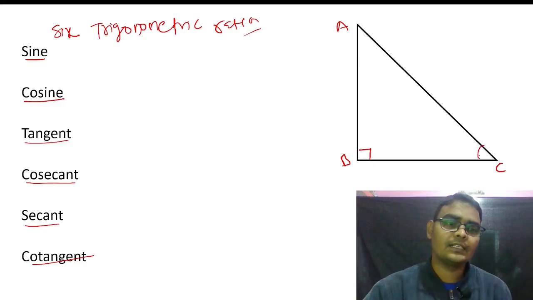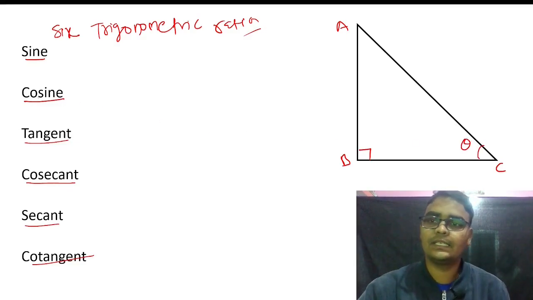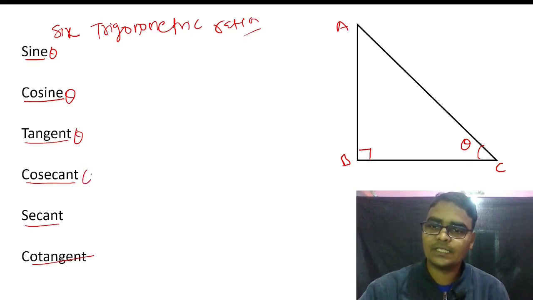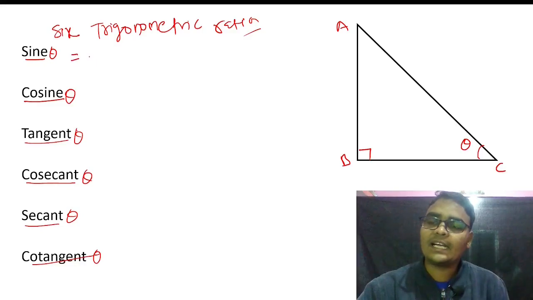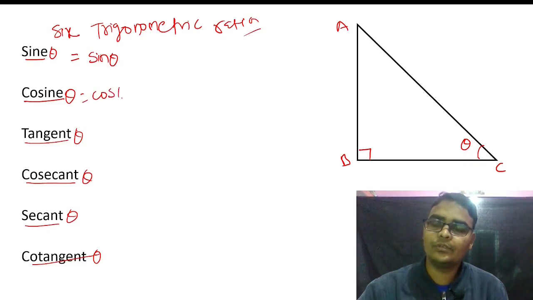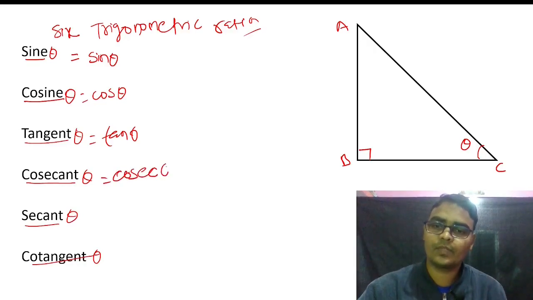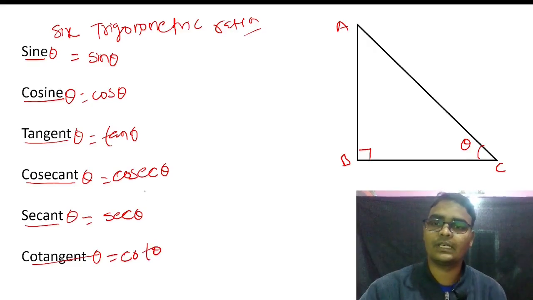If you take angle C as theta, we can write sin theta, cosine theta, tangent theta, cotangent theta, secant theta, and cosecant theta. We write sin theta as sin theta, cosine theta as cos theta, tangent theta as tan theta, cosecant theta as cosec theta, sec theta as sec theta, and cotangent theta lastly as cot theta.